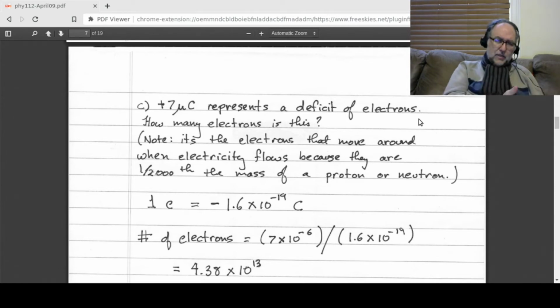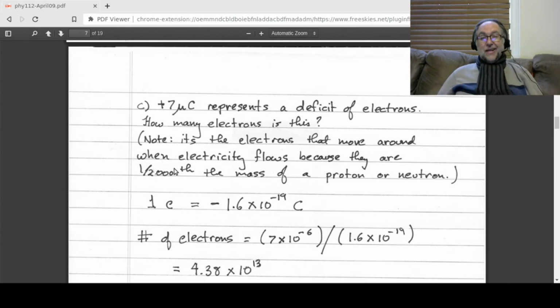Why not just add protons to the material? Because if you add protons, you'll also make it positively charged. So you can make it positively charged by adding protons or by removing electrons. And the answer is the electrons are the fluffy things that flow. An atom is made up of a nucleus, which is very, very heavy, and the electrons, which are on the outside, and they're very, very light.